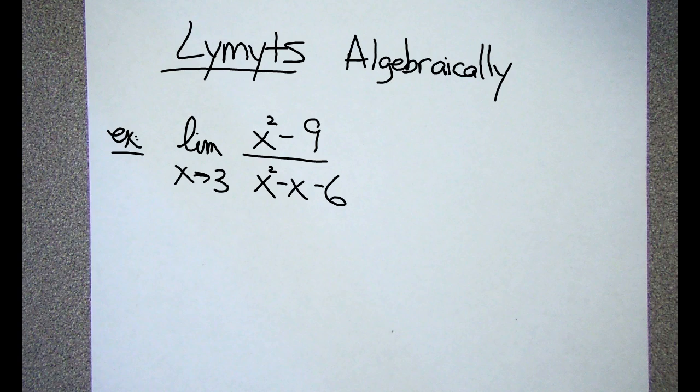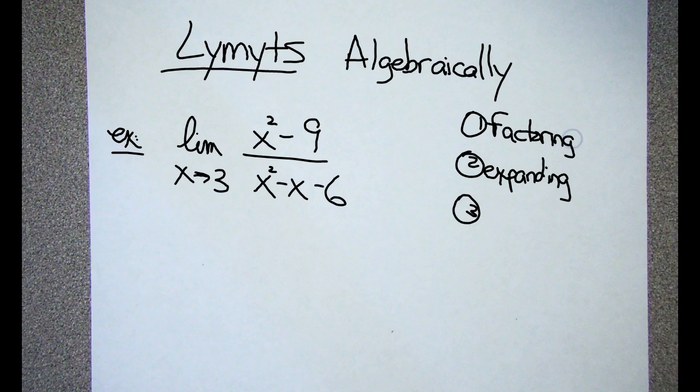Other things you could do would include factoring, expanding, or rationalizing. Expanding would be when you have something squared, so you've got a binomial squared, something plus or minus something, squared.